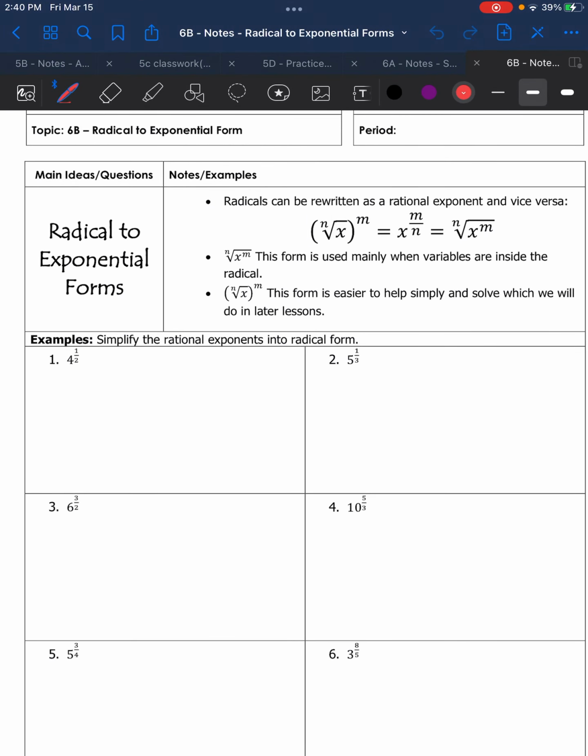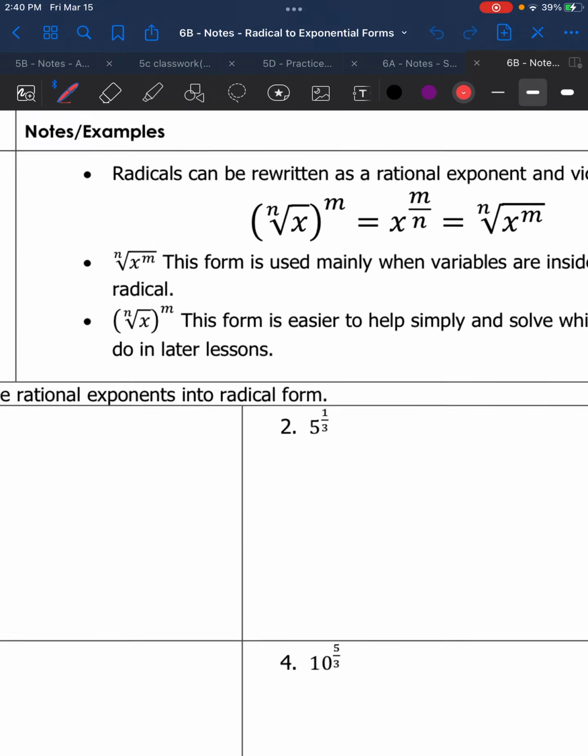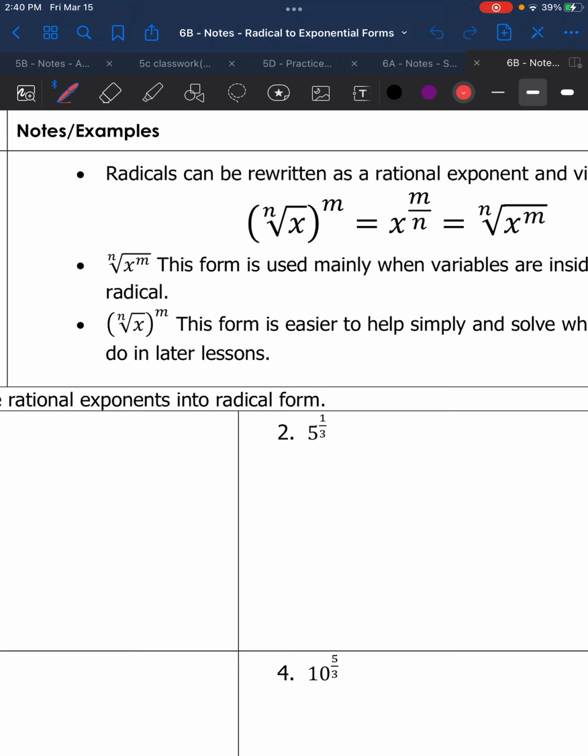All right, welcome. We're going to convert radicals to exponentials and back from exponentials to radicals, back and forth. Radicals can be written as rational exponents and vice versa, meaning the other way. How this works is our index, the type of radical, square root, cube root, fourth root, is always going to be the denominator of the exponent.